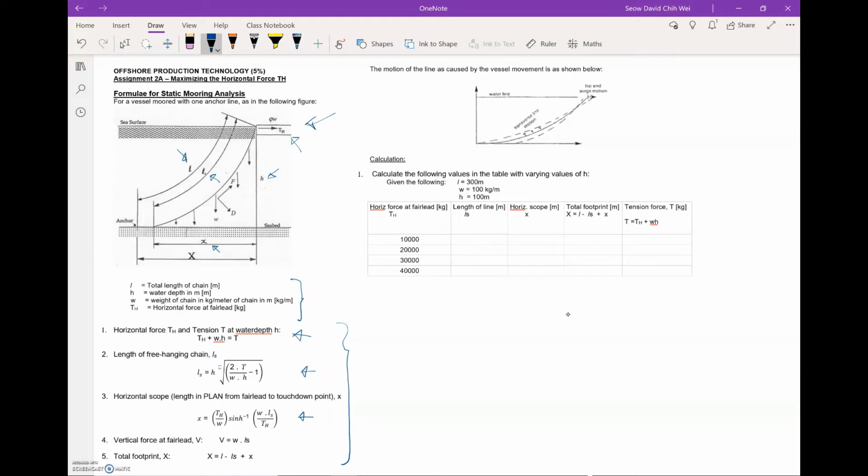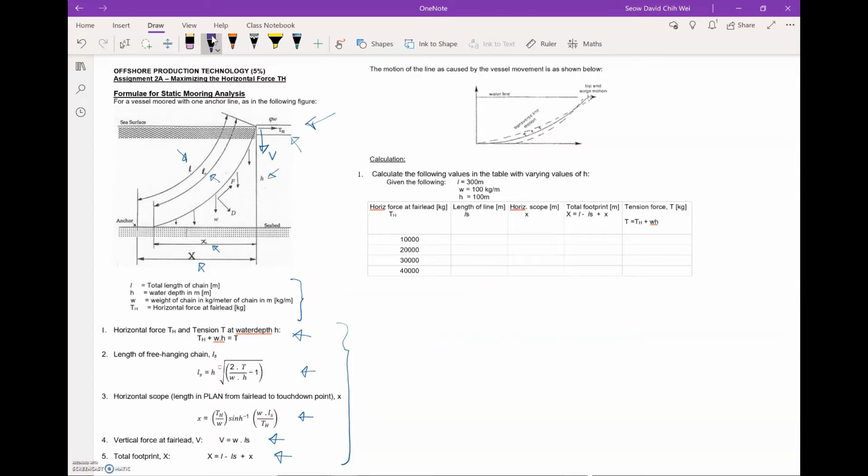And we have the total footprint, capital X, which is from the anchor position to the vessel in the horizontal direction. Last but not least, number 4 is the vertical force at the vessel, V, and this vertical force is the force perpendicular to the TH on the vessel.